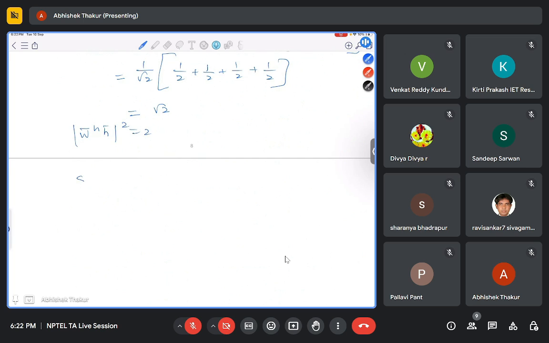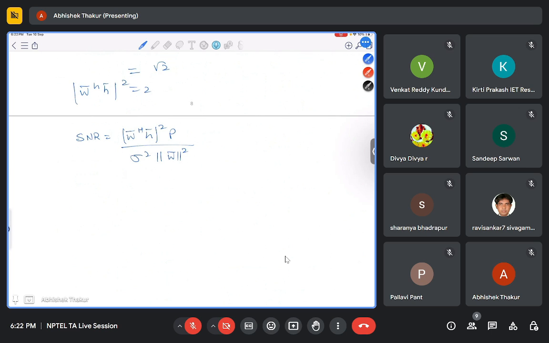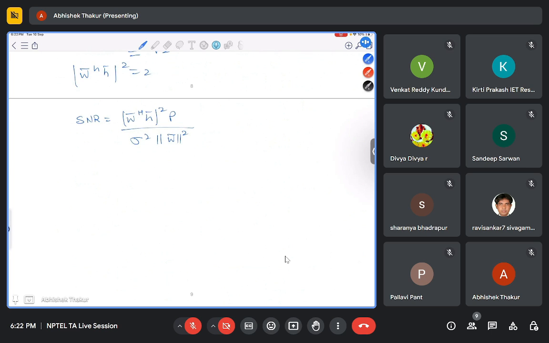So now we have to find our SNR value. We have got the first term, W bar Hermitian H mod square, and this term we got as 2. In the denominator, sigma square we already have, and the power P will already be given in the question. And we have to find the norm of the W vector.